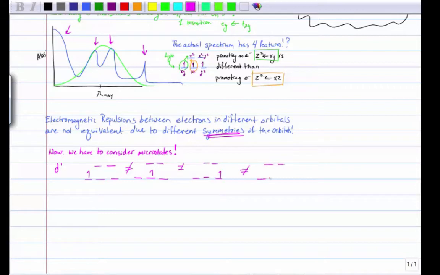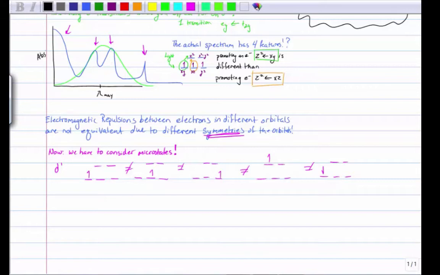So there are multiple ways that you could write these electronic states. But it's also important to realize that this is different from the first. Depending on whether your electron is spin up or spin down, you would get a different electronic configuration. These different states are represented by something called Russell-Saunders terms.